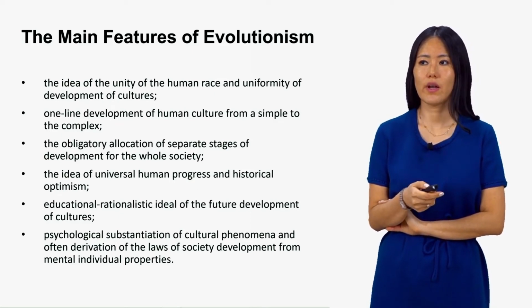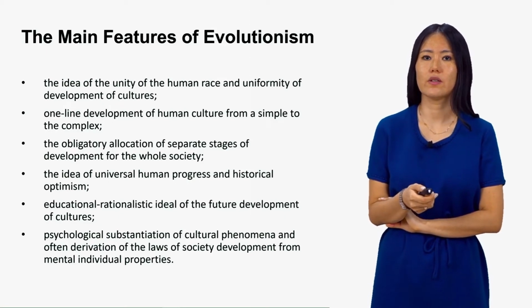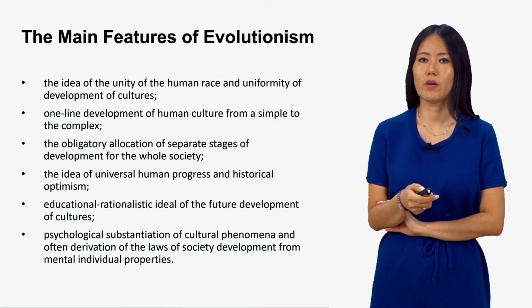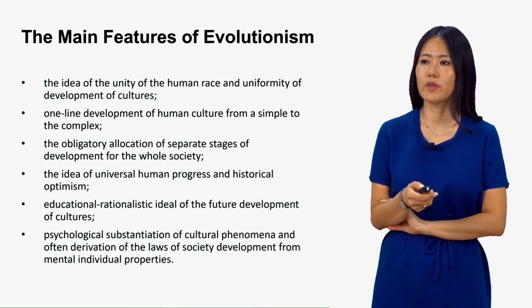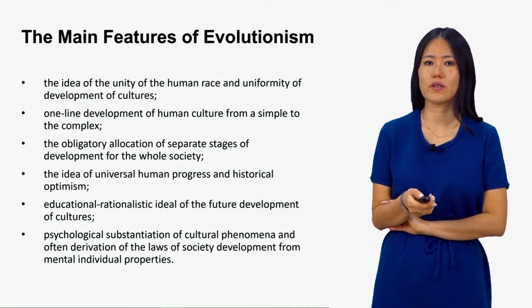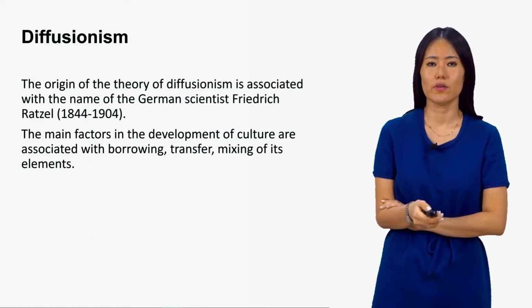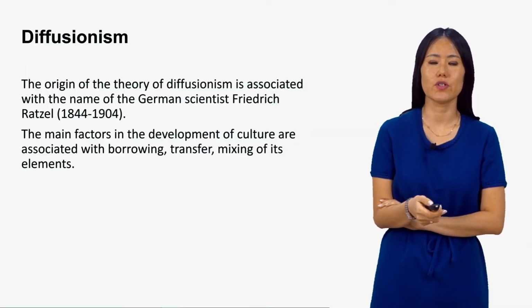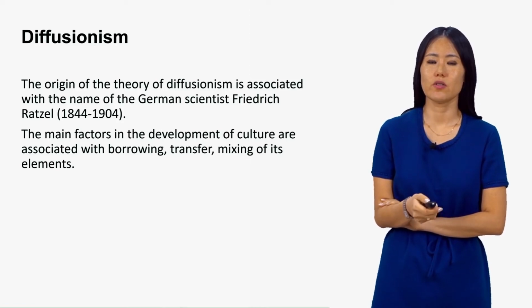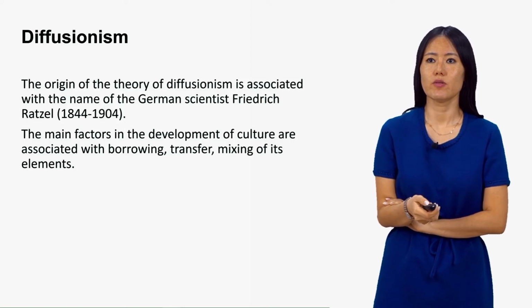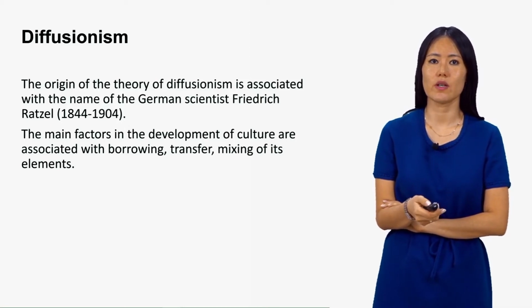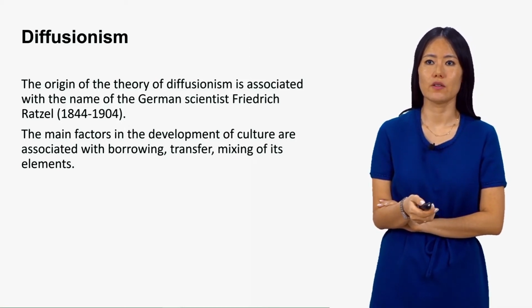And on the other hand, Fraser displayed deep anxiety about the potential of widespread belief in magic to empower the masses. And another theoretical approach is diffusionism. The origin of the theory of diffusionism is associated with the name of the German scientist Friedrich Ratzel, a German scientist of the 19th century.